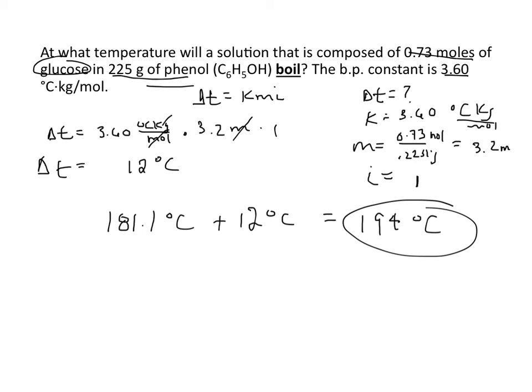All you do is figure out what the solvent's original boiling point is, and then add the change in temperature that's expected to occur based on the equation. So these are the basics of colligative properties for boiling point elevation and freezing point depression.